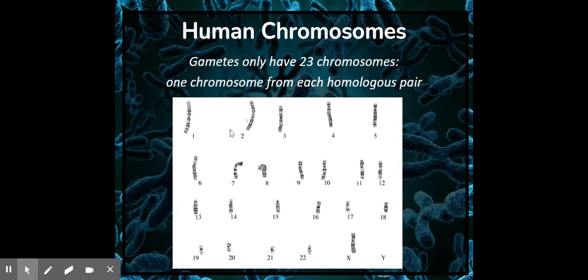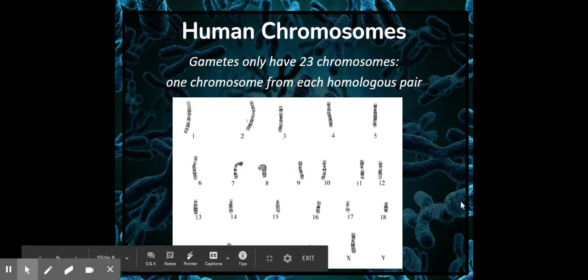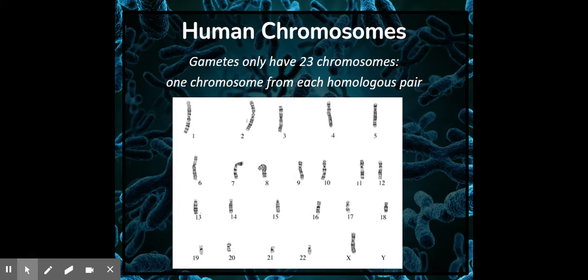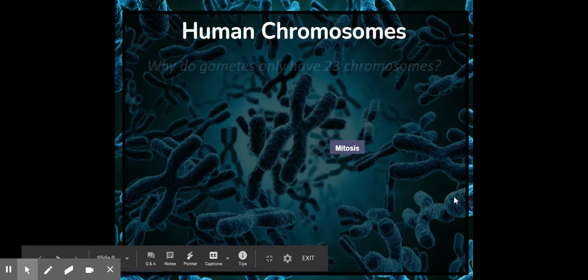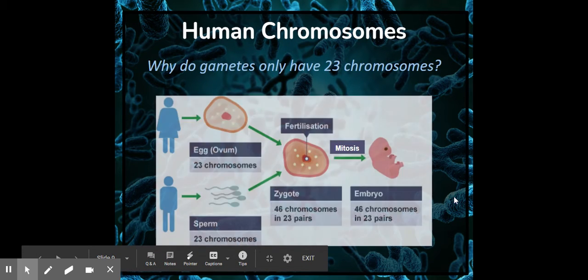So this would be the karyotype for a gamete, either an egg or sperm. Basically you get 23 from mom and 23 from dad.